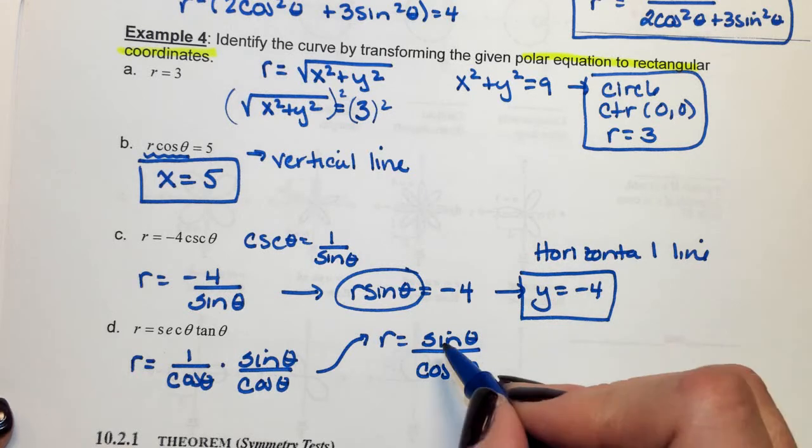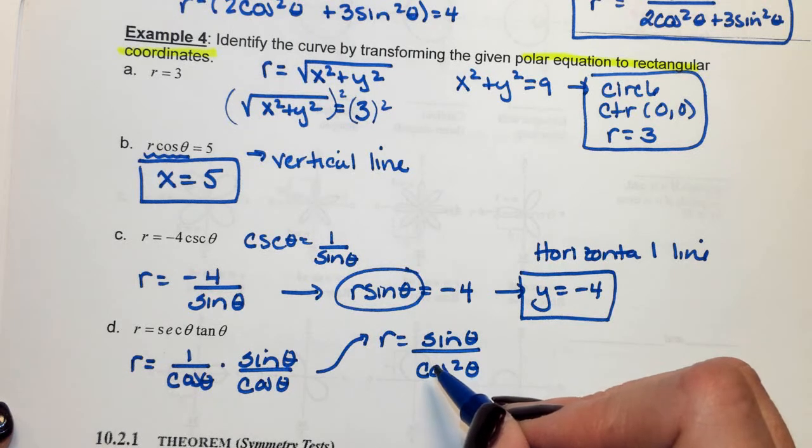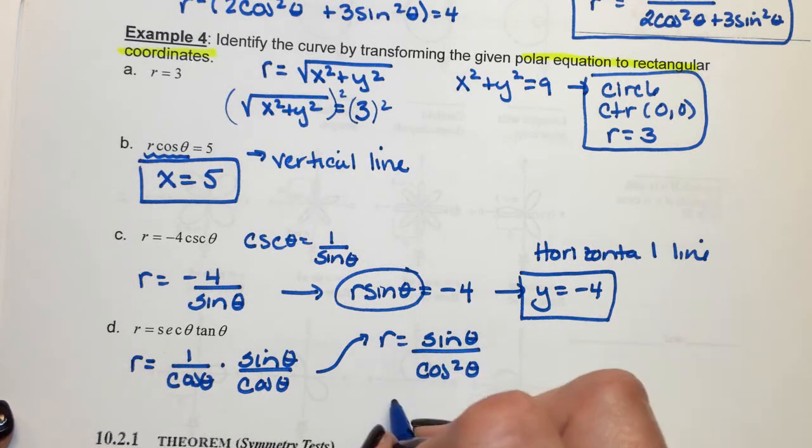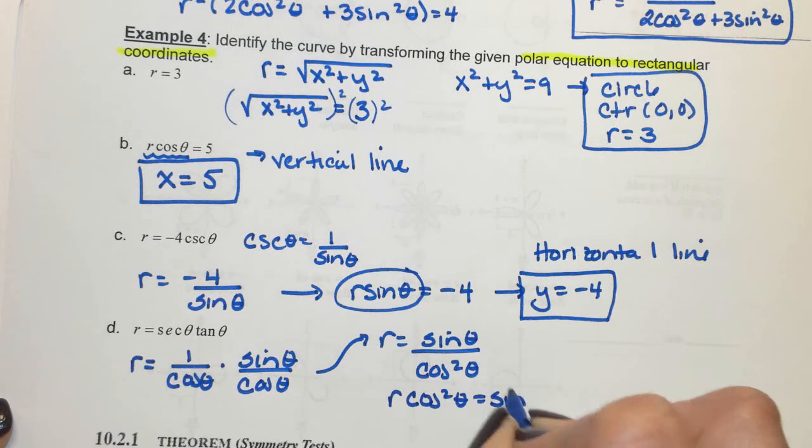So now it would be really helpful if I had an r in front of both sides of this. So first of all, I'm going to multiply both sides by cosine squared theta. So r cosine squared theta is equal to sine theta.